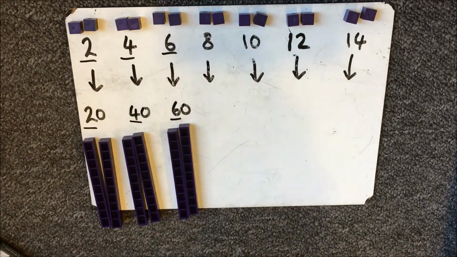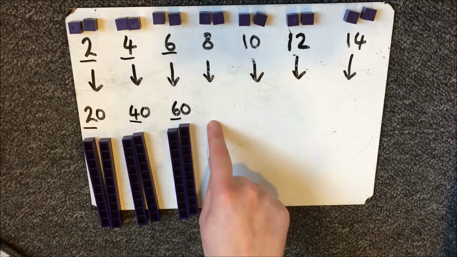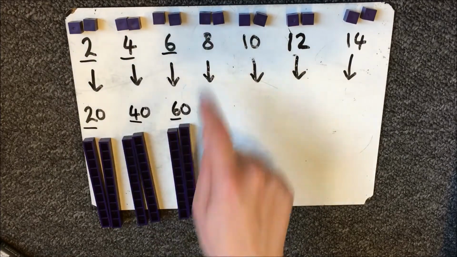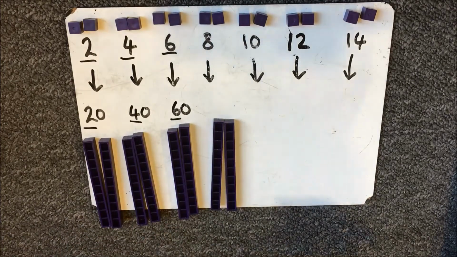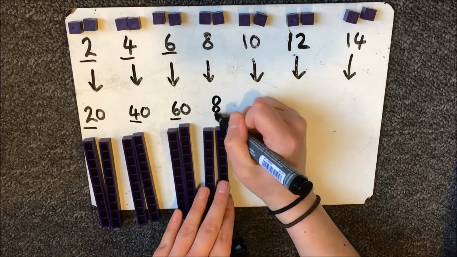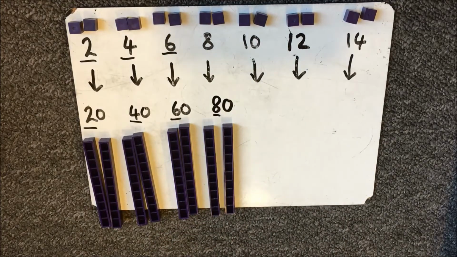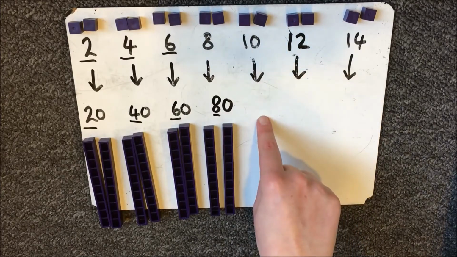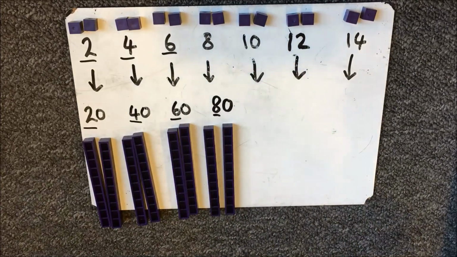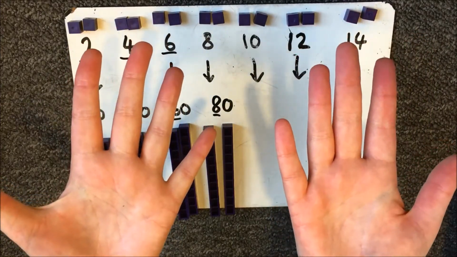What's going to be the next number in my pattern? So 8, if I make it 10 times bigger, so I haven't got 8 ones, I've got 8 tens, what's it going to be? That's right, it's going to be 80. 8 tens, no ones. What about the next one? 2, 4, 6, 8, 10. If I'm counting in 20s, it's got to get 10 times bigger, so I've got 10 tens this time. When I've got 10 tens, what does that make?